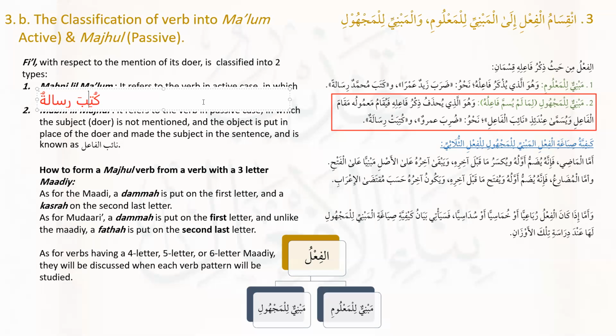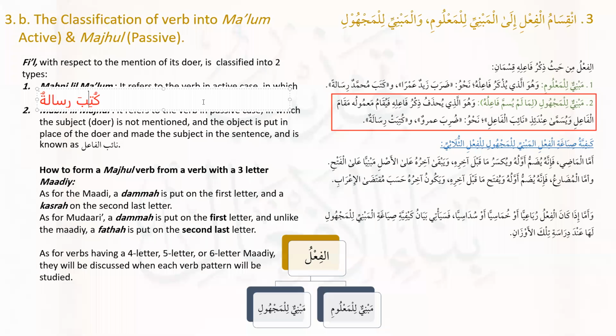Like alima, allama, ta'allama, ta'alama and ista'lama, all of these have the same 3 root letters that are ayn, lam, and mim. But in their madi state, each one has a different number of letters. So alima has 3, but allama has 4, ayn, lam, mim. And ta'allama has 5, ta, ayn, lam, mim. And ta'alama also has 5, ta, ayn, alif, lam, mim. And so on.